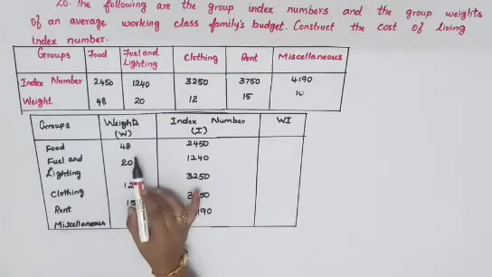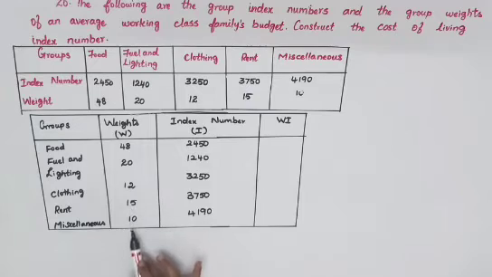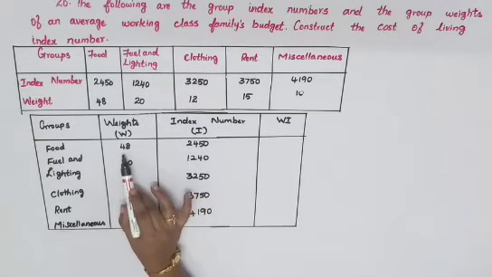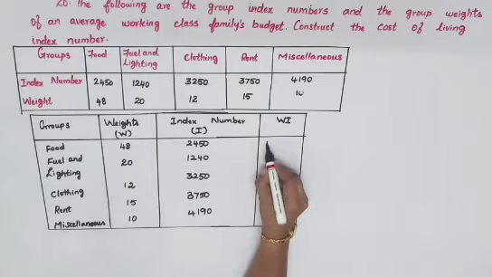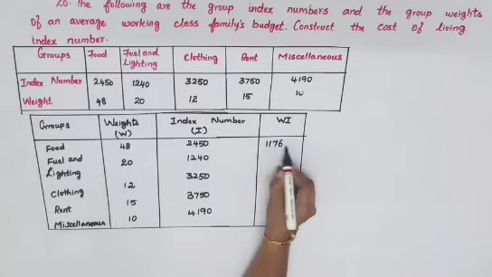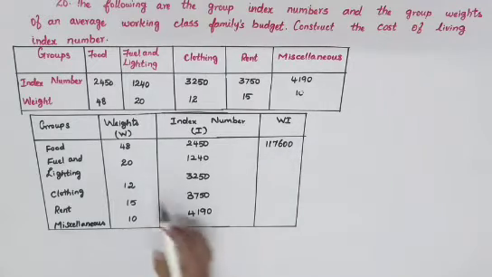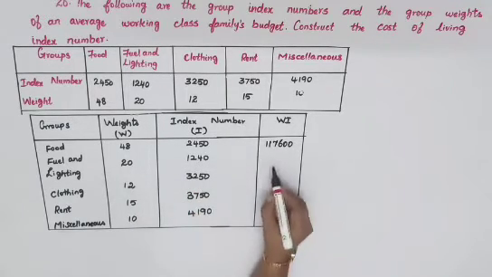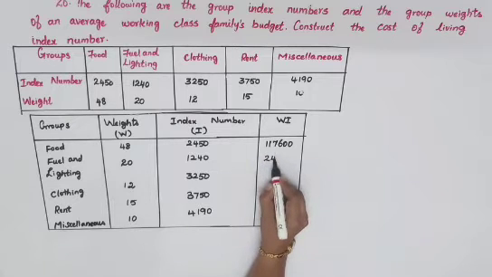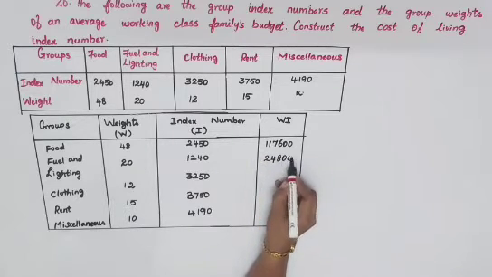Okay, so multiplying your W, this column, and your I, this column: that is 48 into 2450, you will get 117600. The next is 20 into 1240, you will get 24800.